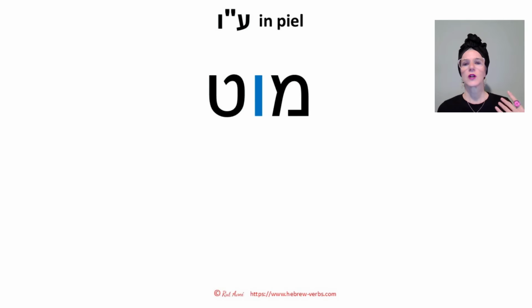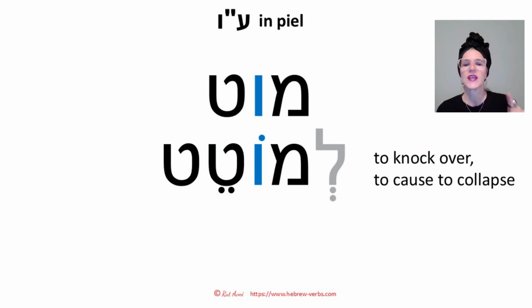So here, if we want to go now into Piel, yes, we put a lamed in front, but because of the vav on the second root position, I know you're tired of hearing that, but this is the main point here, we double the last letter of the root. And this is the reason why we end up with two tets.